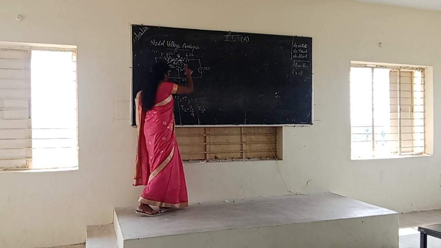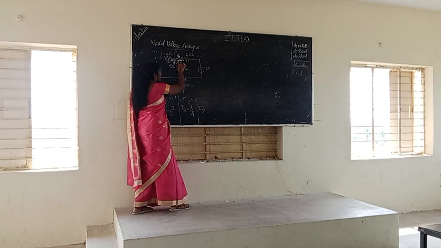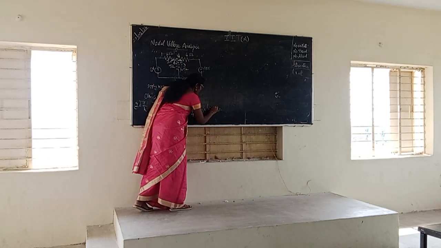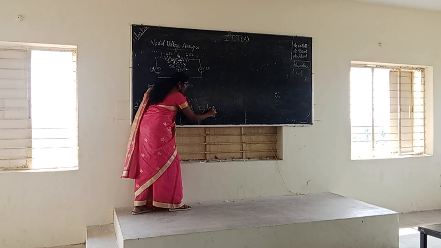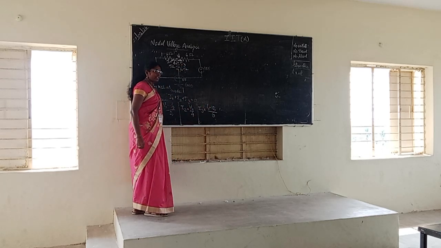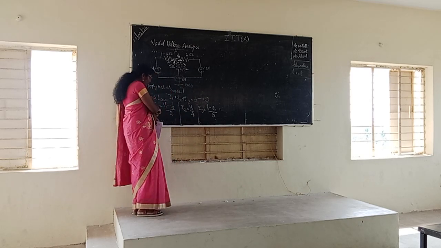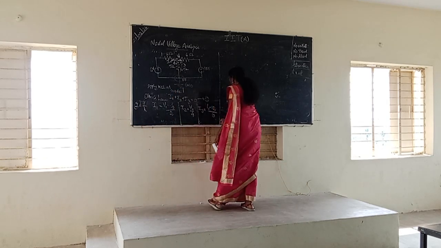Next, I3, the current through this resistance. What is it here? V1 minus 12 divided by the resistance value 6. Now shall I substitute this? This is equation number 1. I have to substitute the values of I1, I2, I3 in equation number 1.